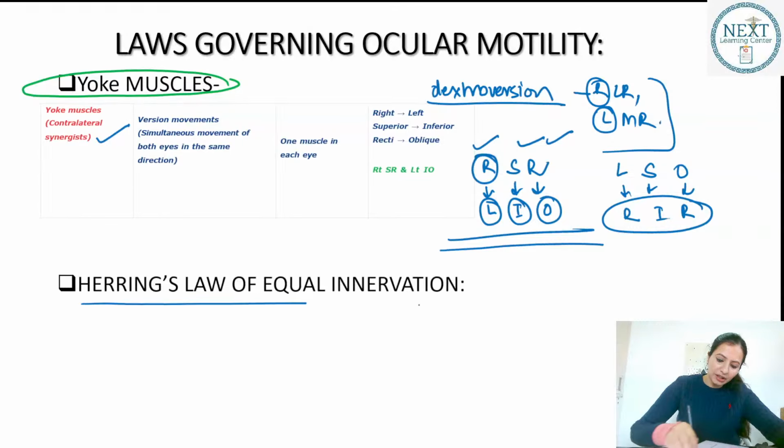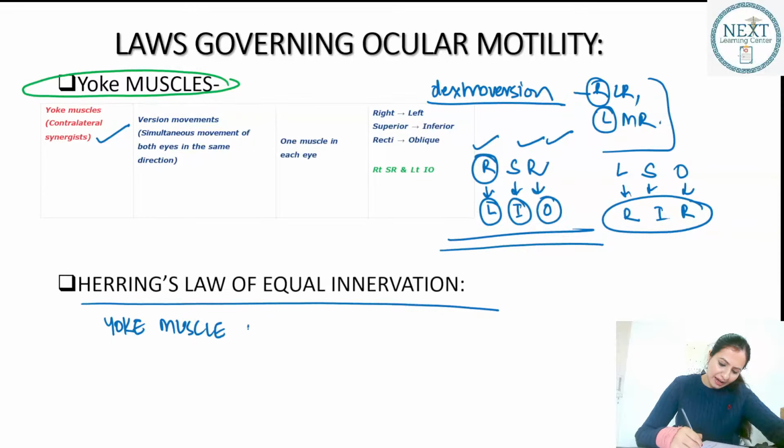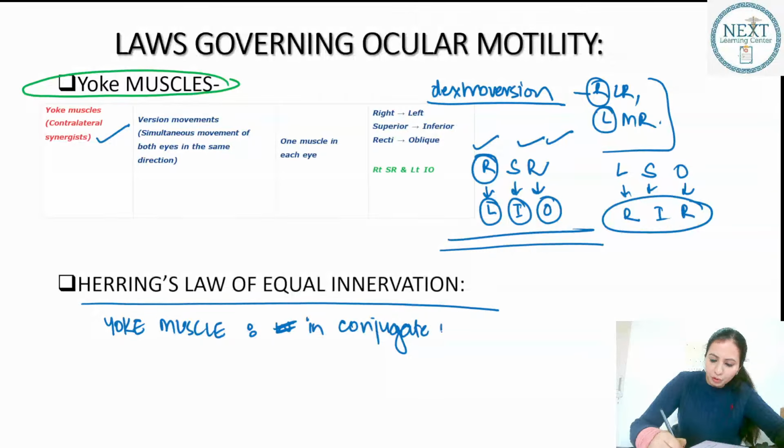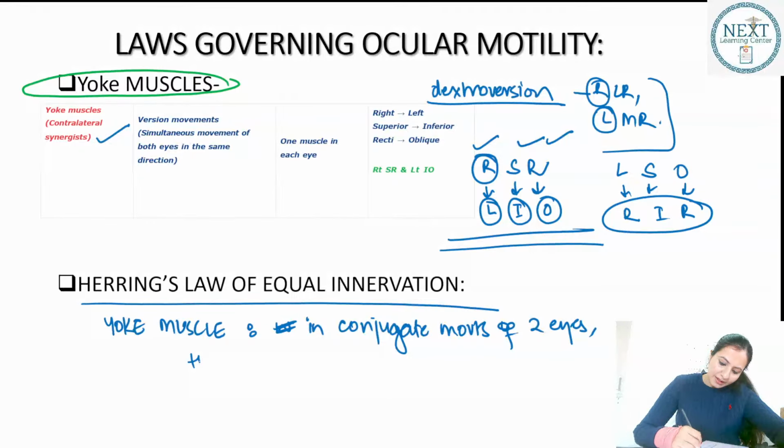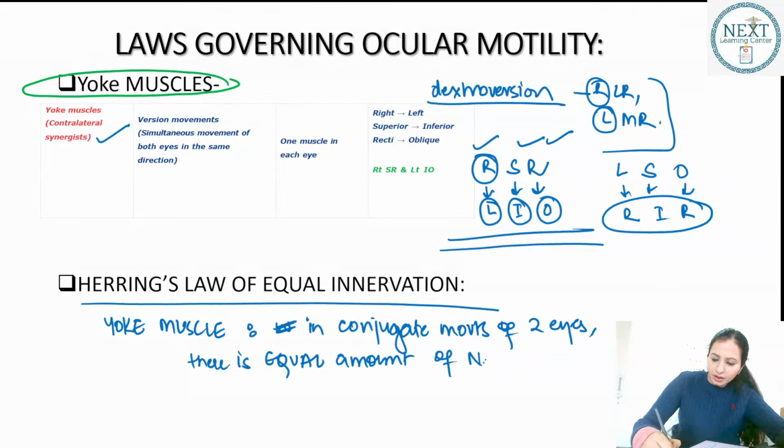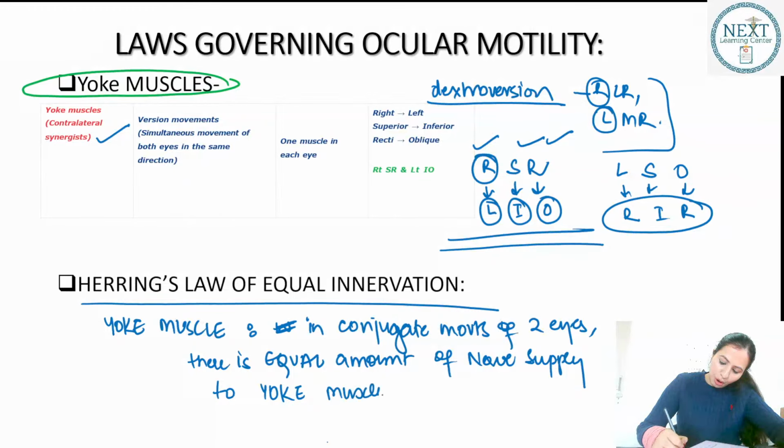Now Hering's law of equal innervation, this is the law for the yoke muscle. This law says that in conjugate movements of the two eyes, there is equal amount of nerve supply to the yoke muscles of two eyes.